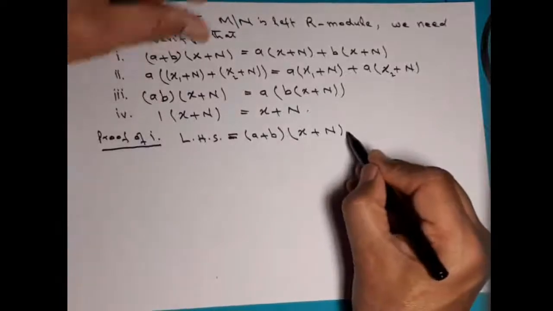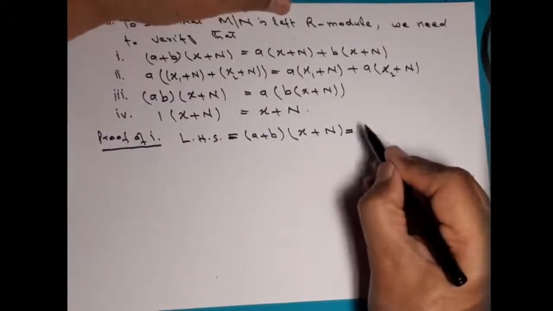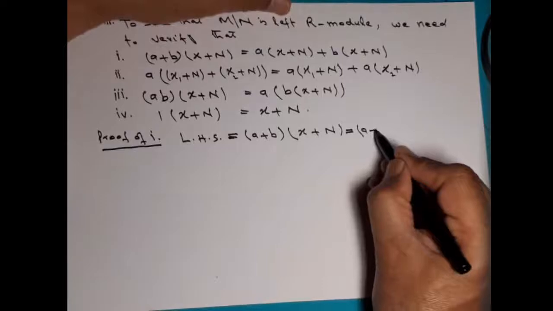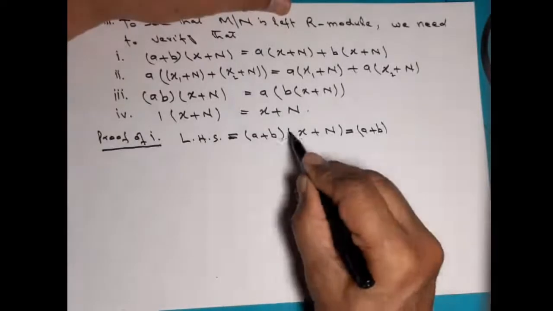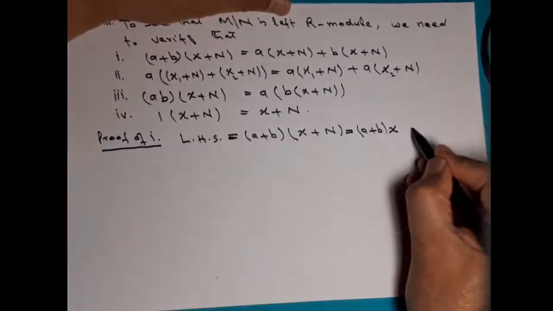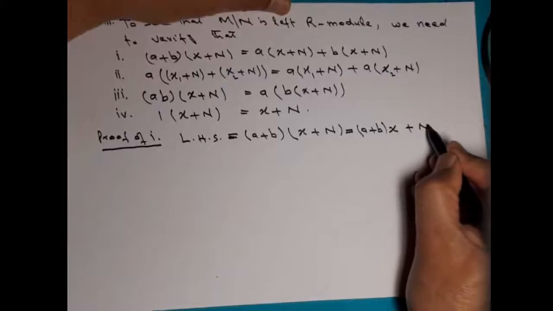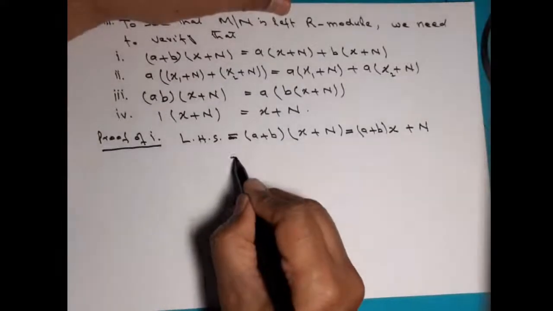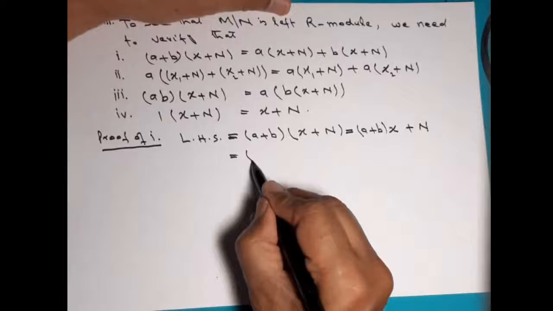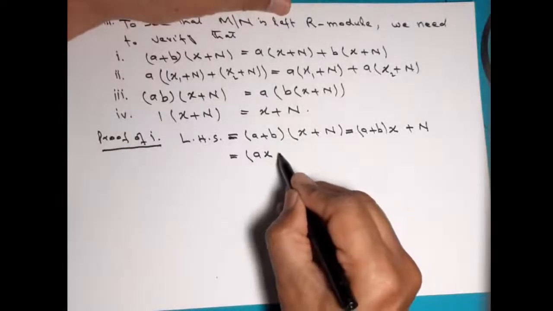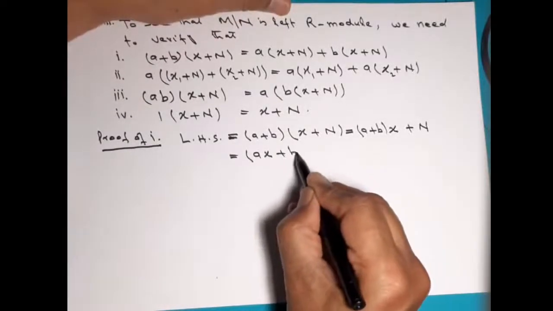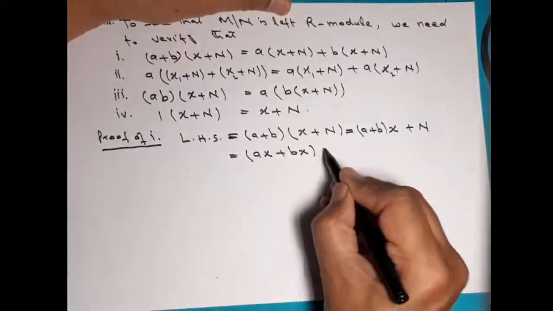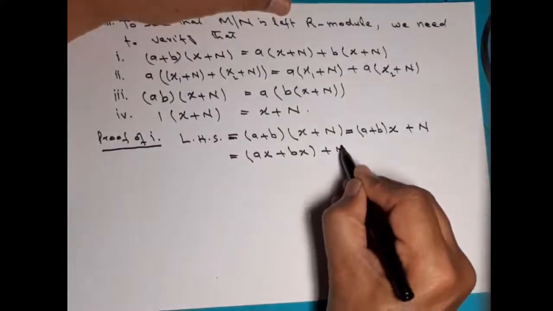By the definition of scalar multiplication, this is equal to (a plus b) multiplied with x and then plus N. And this is equal to (a multiplied with x plus b multiplied with x) and then plus N.